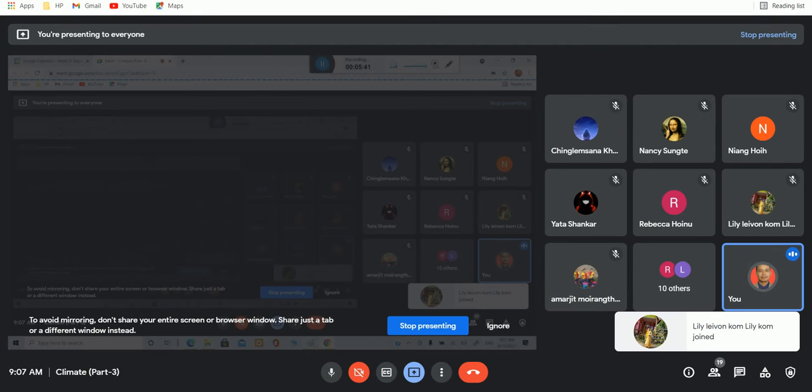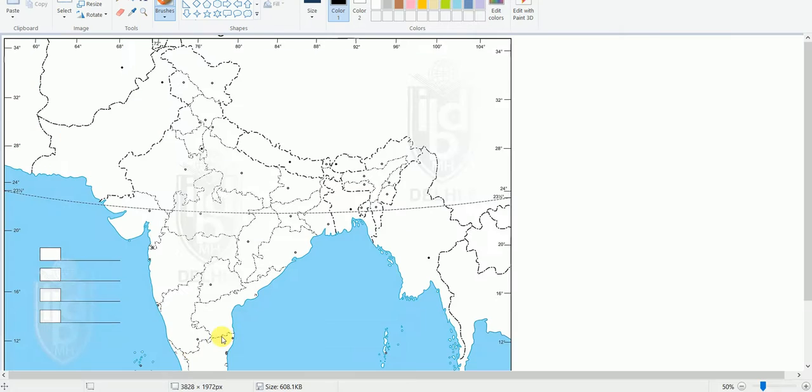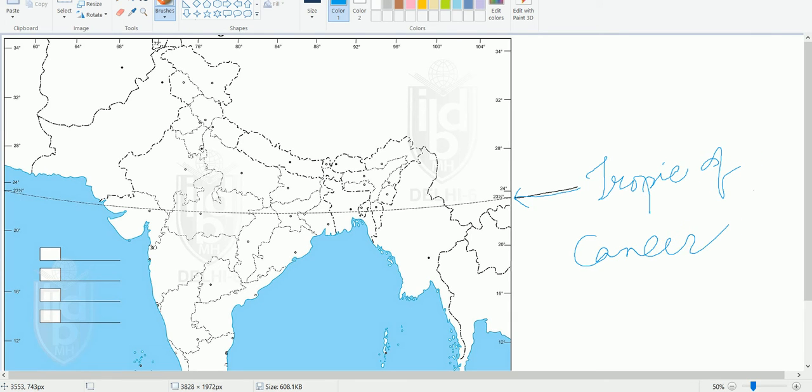And here we have the map of India, and this is the Tropic of Cancer. I think you're seeing that the Tropic of Cancer is passing through the middle of India. Let me increase the size.